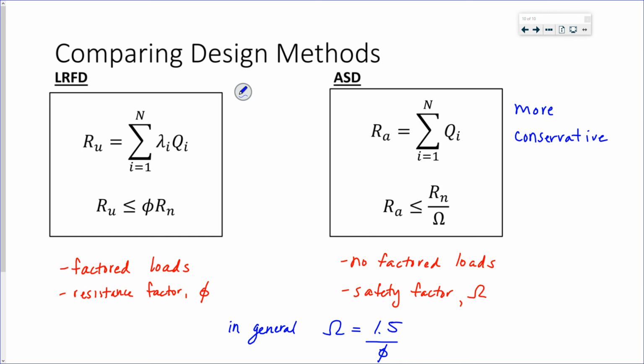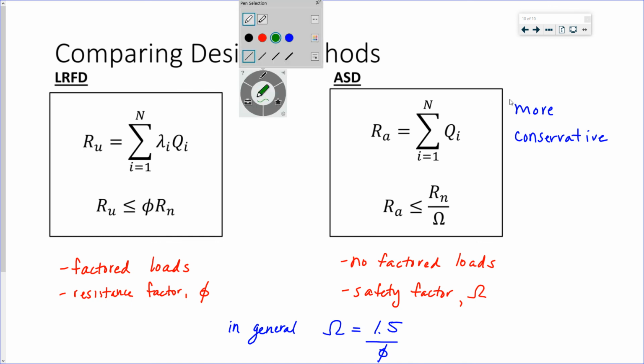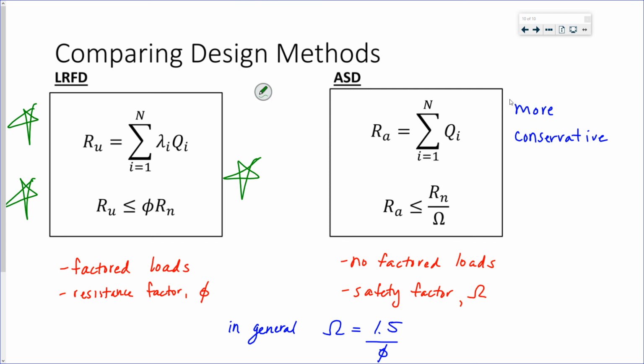So typically these days, they've tried to switch to LRFD. That is what we will be focusing on in this class. We will be ignoring ASD. But I wanted you to see what it is because you might come across it in work, especially if you're designing something older, or if your company is using a different design approach, maybe an older manual.